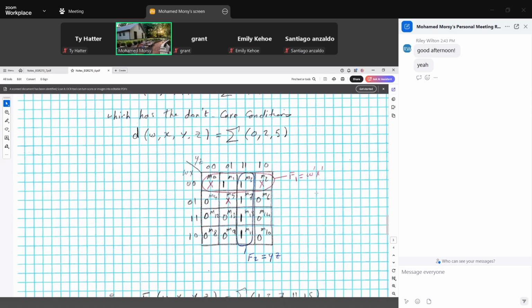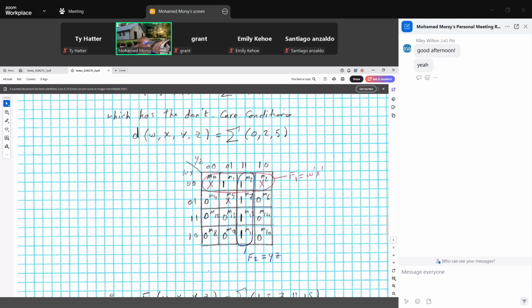Don't care means it doesn't matter if you consider it 0 or 1. It doesn't affect the function.